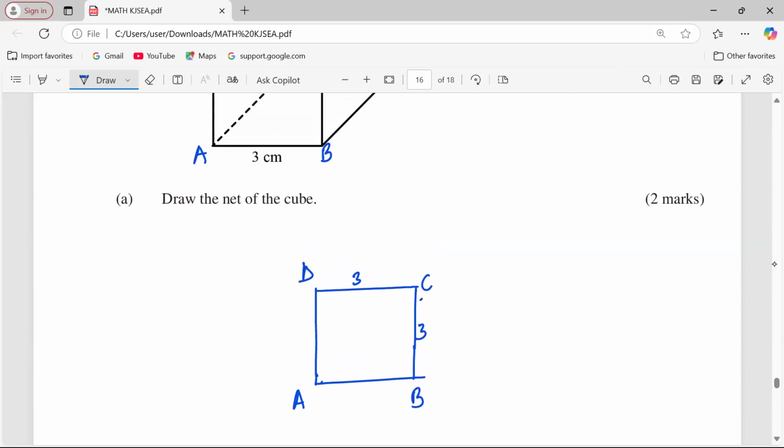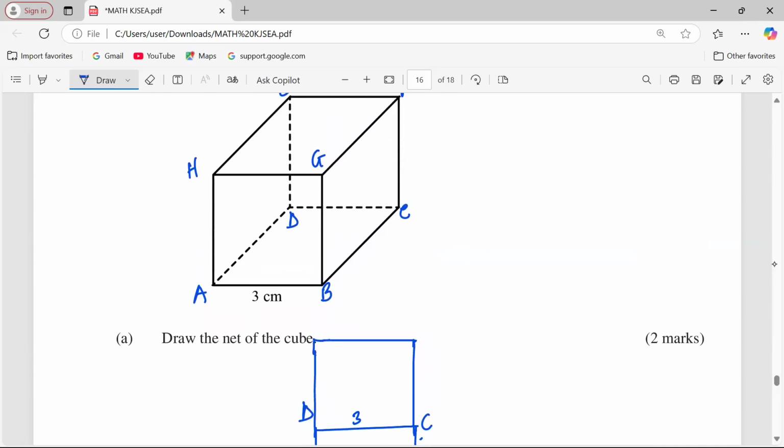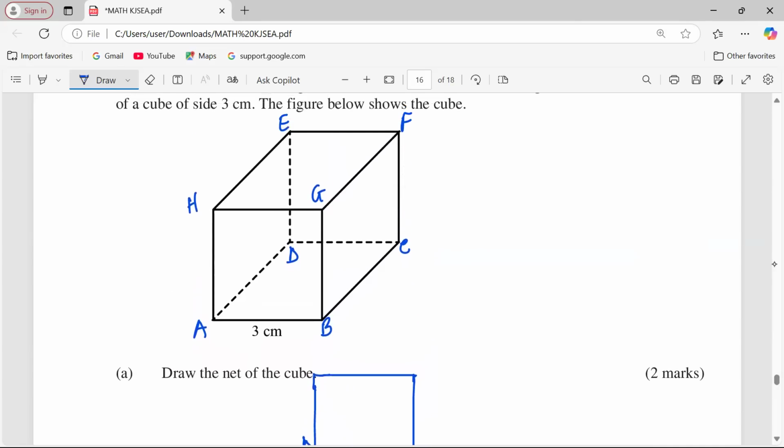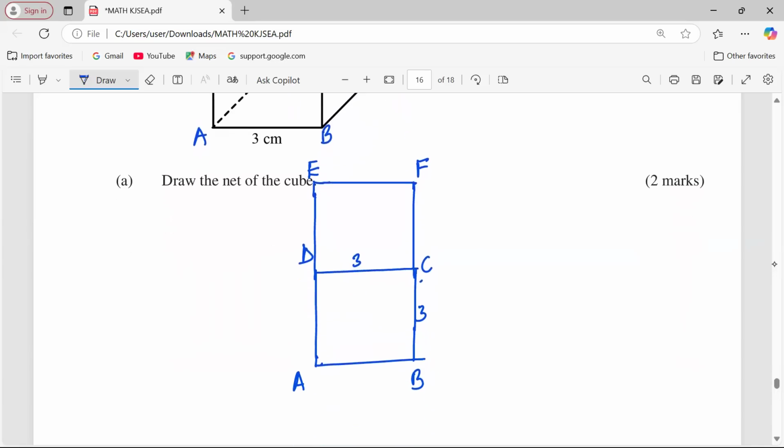We do another 3 centimeters here and another 3 centimeters here. Then we join that way. That is the face that we have created on the upper side. And from D to C, we can connect FE. So FE is there that way.